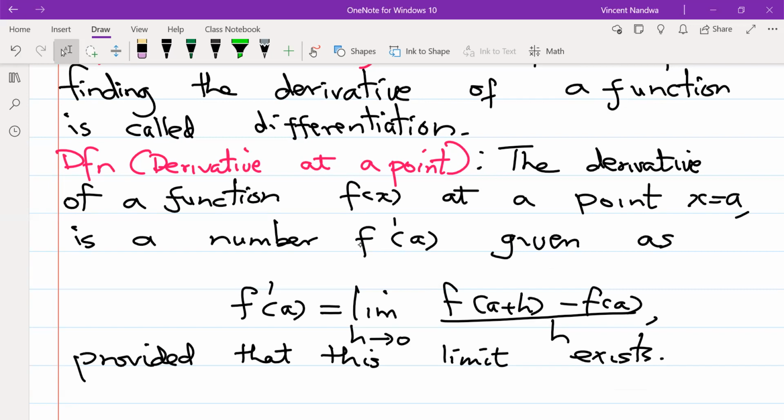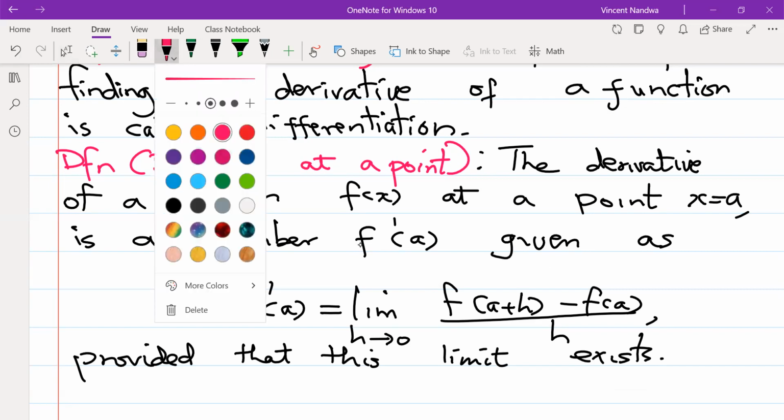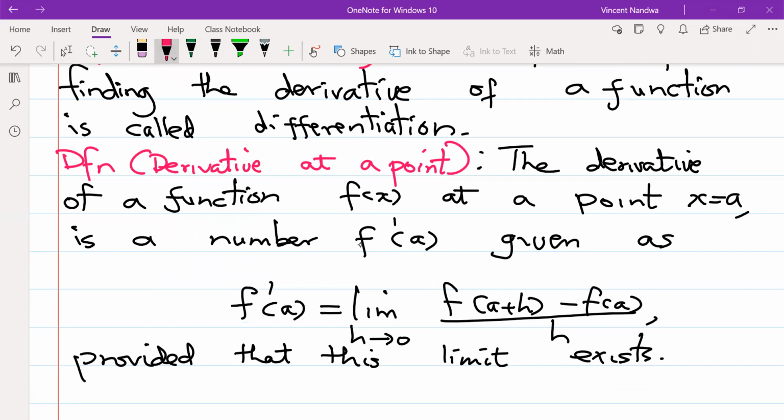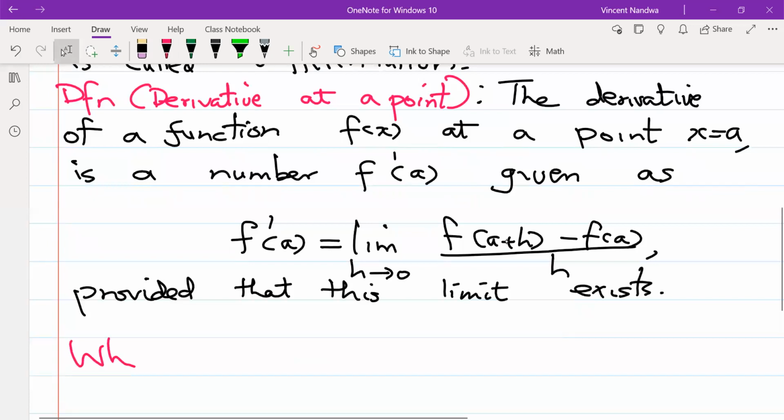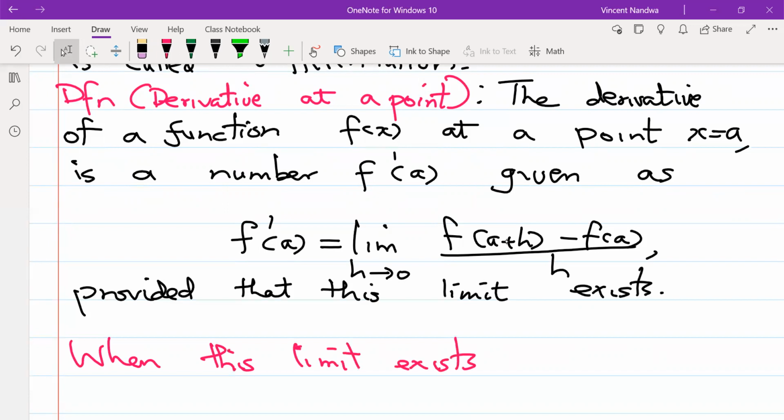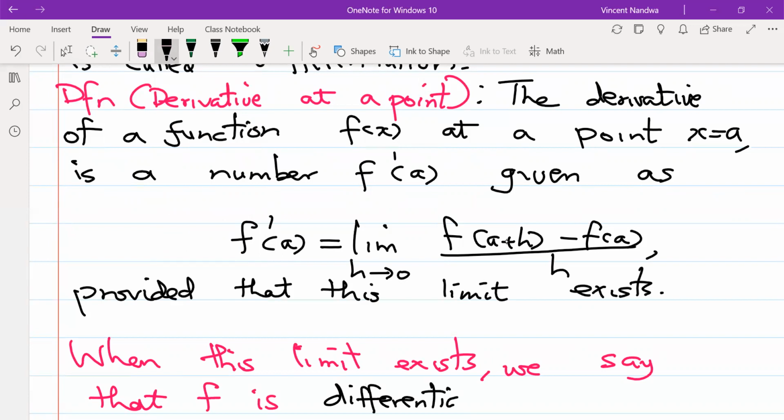So when this limit exists, we say that f is differentiable at x equals a. Here we are referring to this derivative at a point.